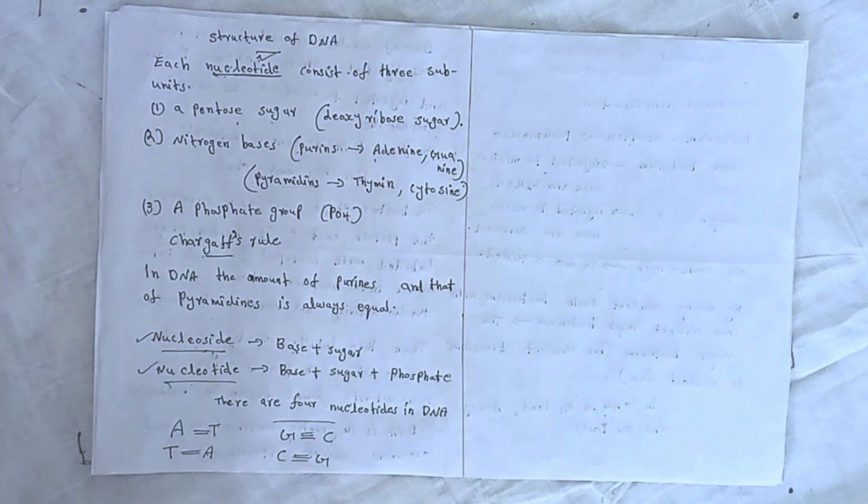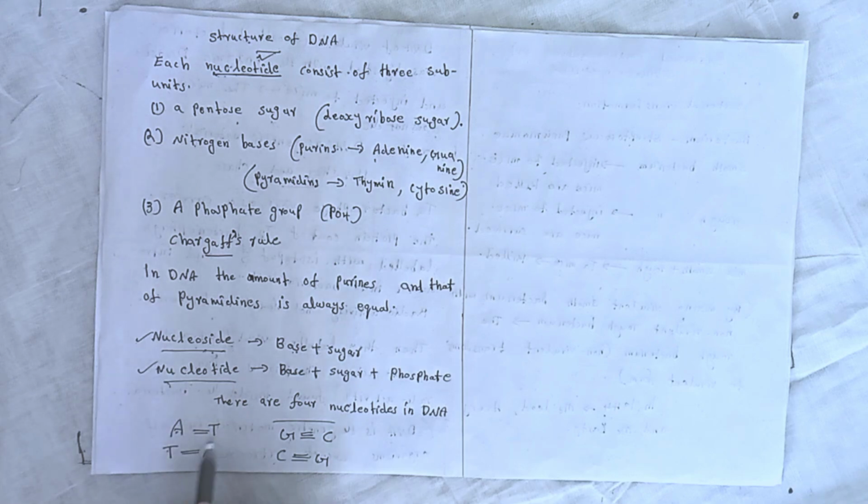Each nitrogen base pairs with phosphate and sugar. This is one nitrogen base pair, and this is another base pair.